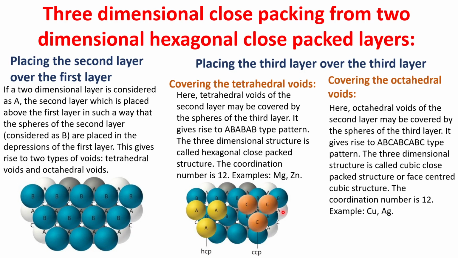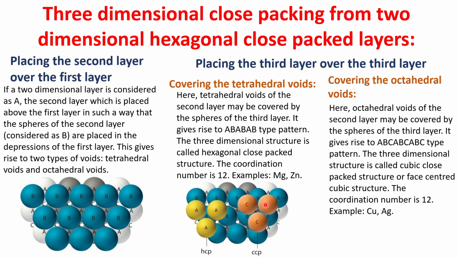The third layer, that is C, is not present exactly over the molecule A. It is present rather at the void generated by the two layers.